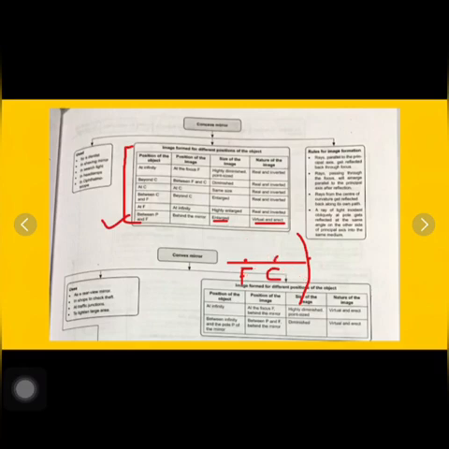The last one is: a ray of light incident obliquely at the pole gets reflected at the same angle on the other side of the principal axis into the same medium. So if the incident light falls on the pole, it will get reflected back at the same angle.